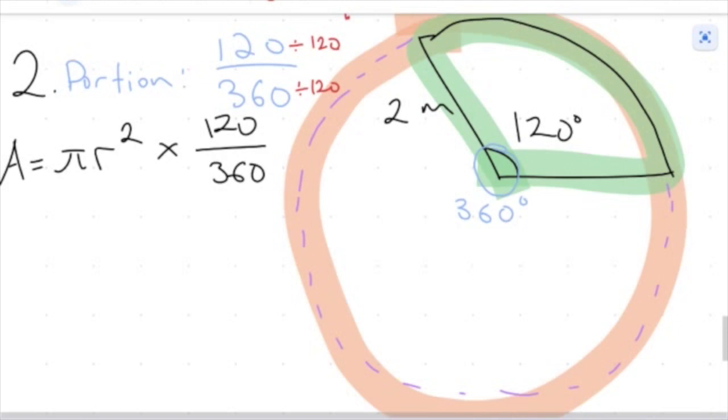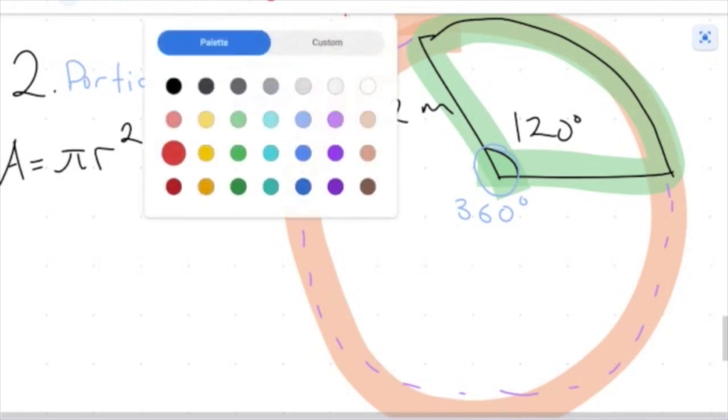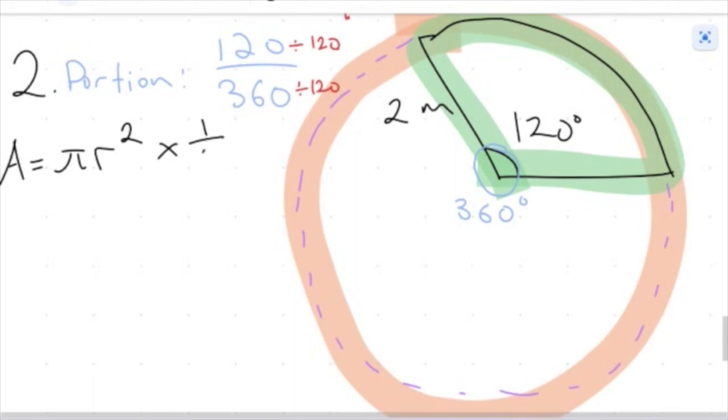So 120/360ths, I can rewrite as just 1/3. And that kind of makes life a little bit easier. This is an equivalent fraction. That is 1/3, which is far easier than writing 120/360ths. But if you're not bothered finding the equivalent fraction, that's okay. It'll give you the same answer.